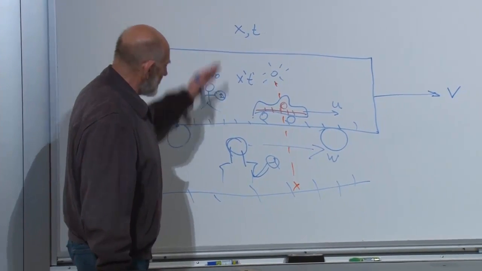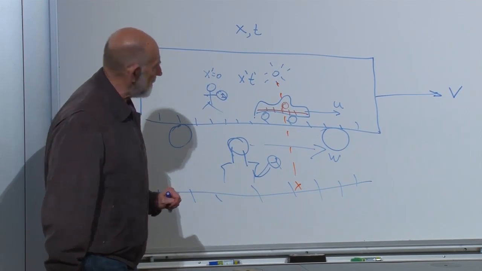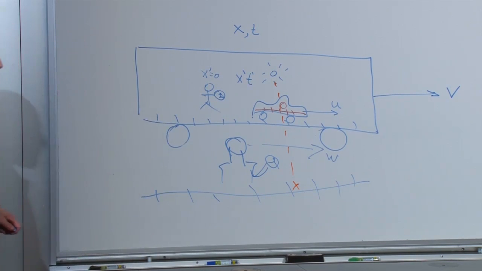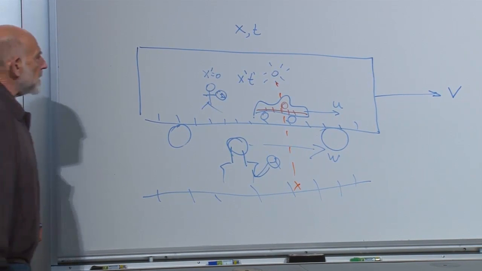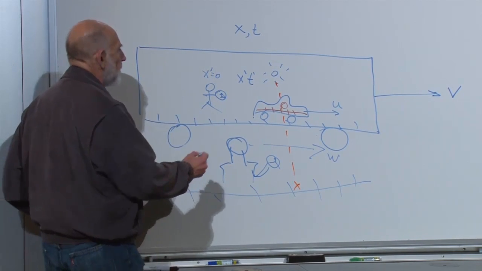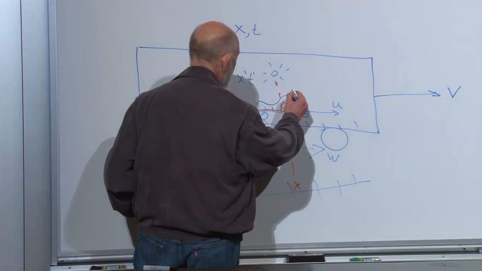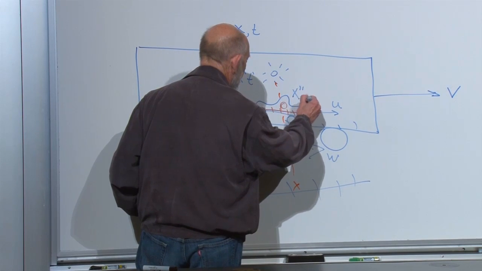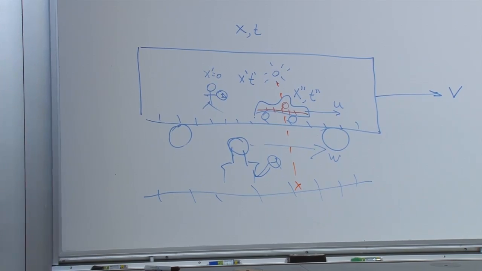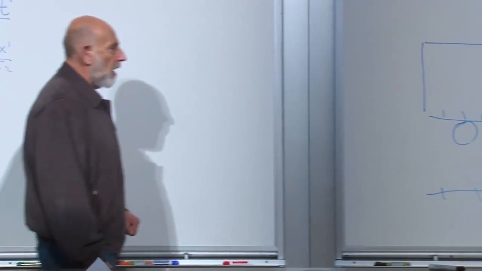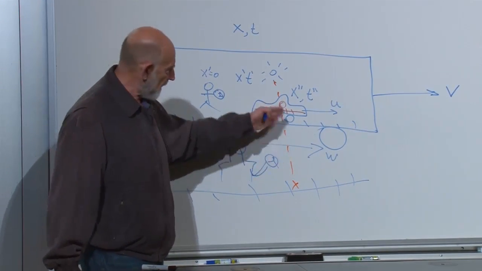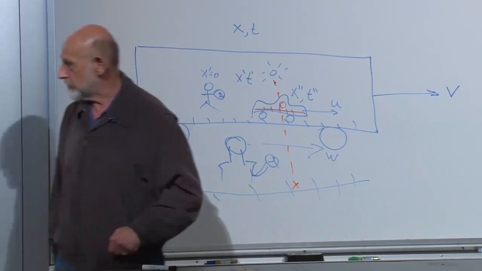In this case, x and t are the coordinates that the stationary observer uses. X prime and t prime are the passenger's coordinates. And a third set of coordinates, which let's give them the name x double prime and t double prime. X double prime and t double prime are the coordinates that the kid in the kiddie car uses to describe things relative to his own frame of reference.